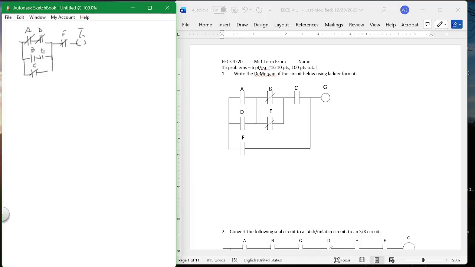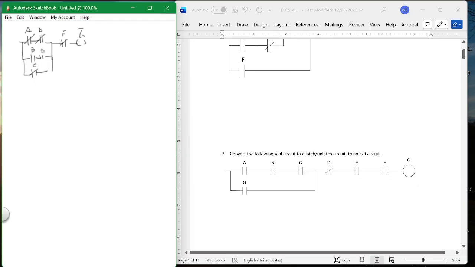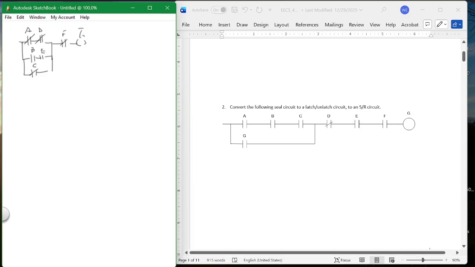Okay, so the following: convert to a seal, to a latch, to a set reset. So here you look for what is the output and here's the feedback. The latch and the unlatch are the same as the set reset. So you would say A, B, and C would go to a coil.